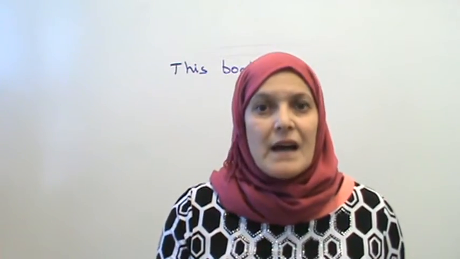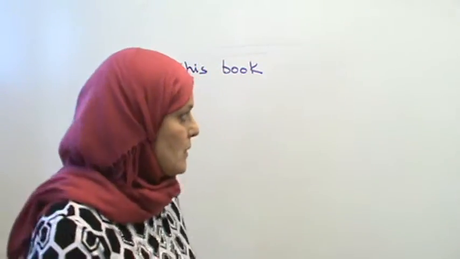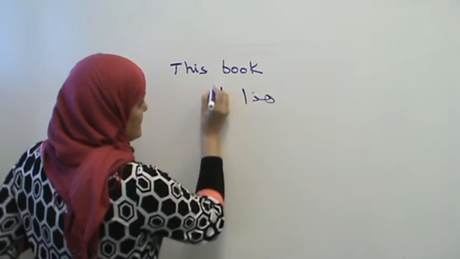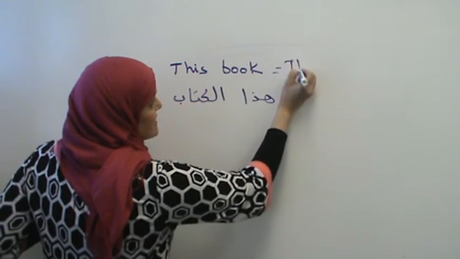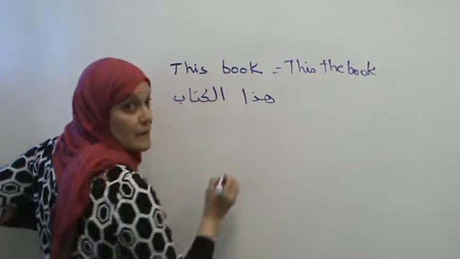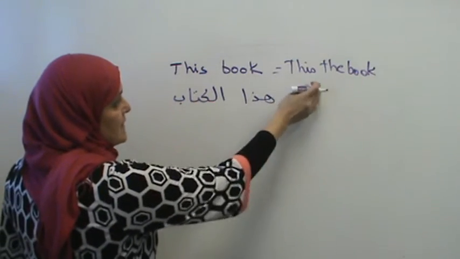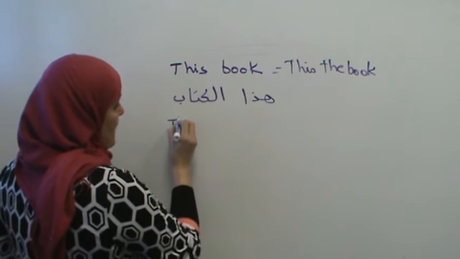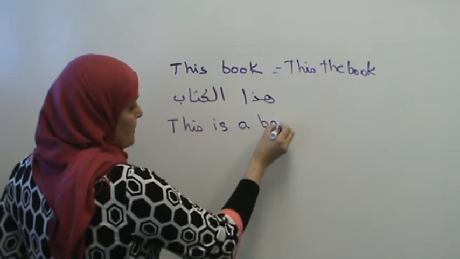So the this is gonna need L before the noun. This one is gonna be هذا الكتاب. And the wrong English: this the book. Okay, you see it? This book equals this the book. هذا الكتاب.